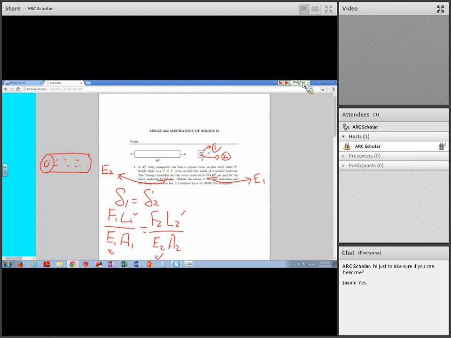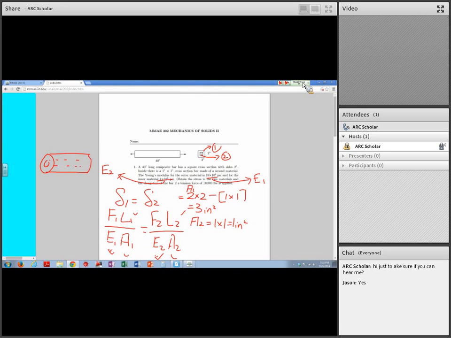The outer part is 2 times 2 minus the inner part, which is 1 times 1, equal to 3 squared. This is the area of A1, while A2 is just the inner part, 1 times 1. So I got this and this.